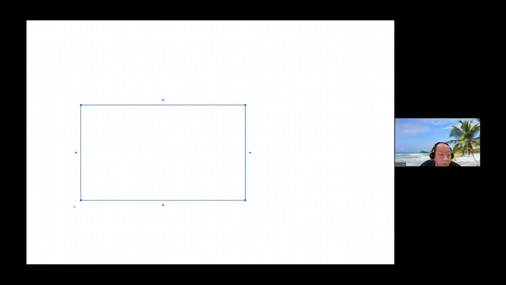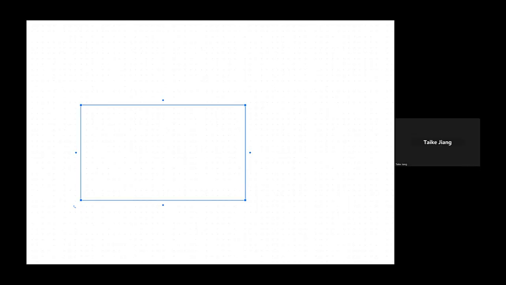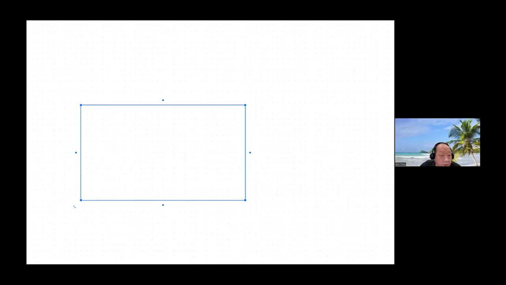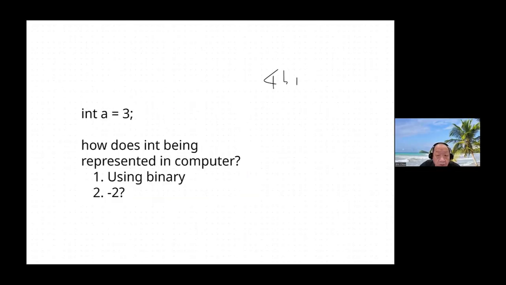Let's assume that you have 4 bits. So with 4 bits, you can store 0 as 0000, 1 as 0001, and 2 as 0010.